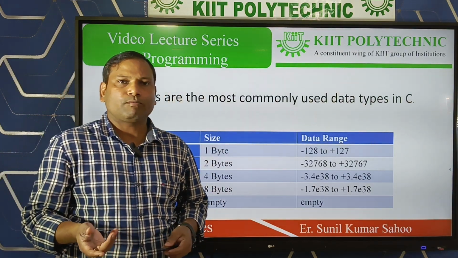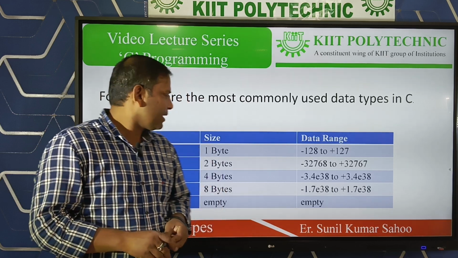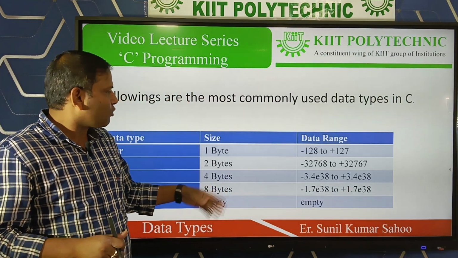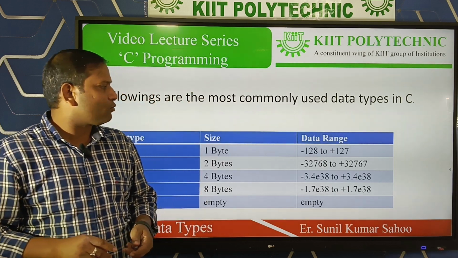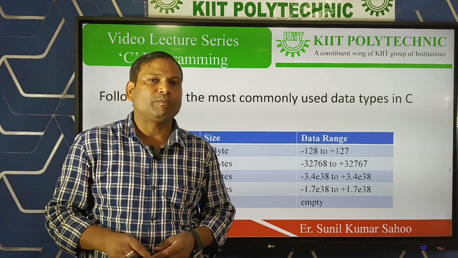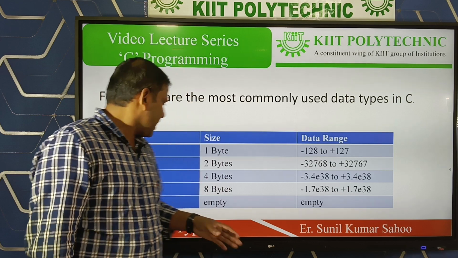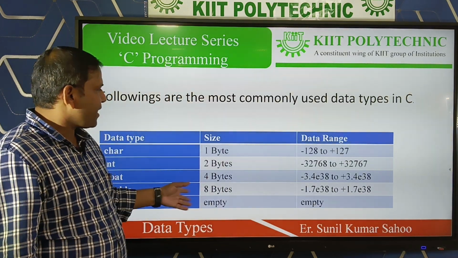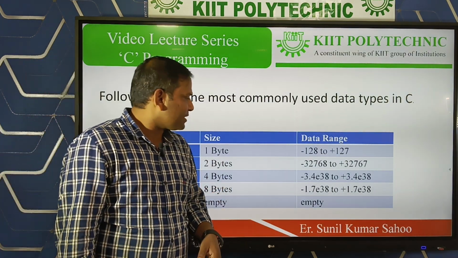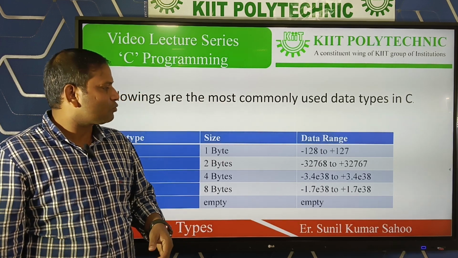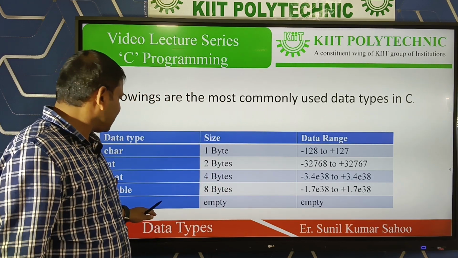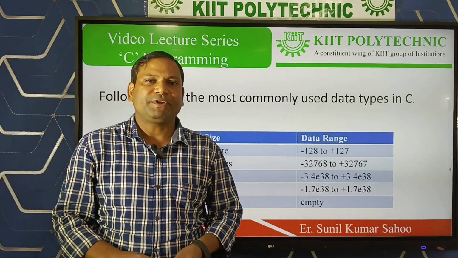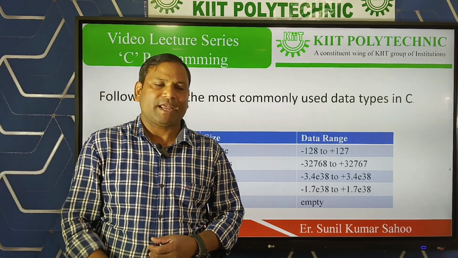If you want to store a float value in memory, it occupies 4 bytes. The range is minus 3.4e to the power 38 to plus 3.4e to the power 38. Like this, double is 8 bytes, with range minus 1.7e to the power 38 to plus 1.7e to the power 38. The void is a data type; it is an empty set data type.